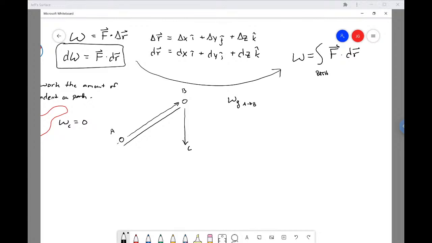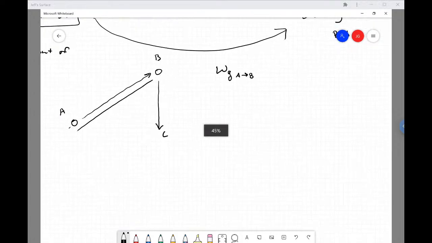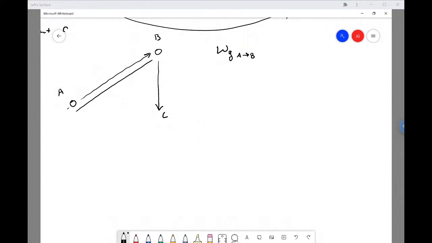Okay. So now back to this question of this little ball rolling up a hill and then falling. And so let's take a look at the work done by gravity as the ball goes from point A to point B. Well, as the ball's moving along, you know, at any point, we'll draw a little spot here, at any point, the ball is being acted on by gravity.